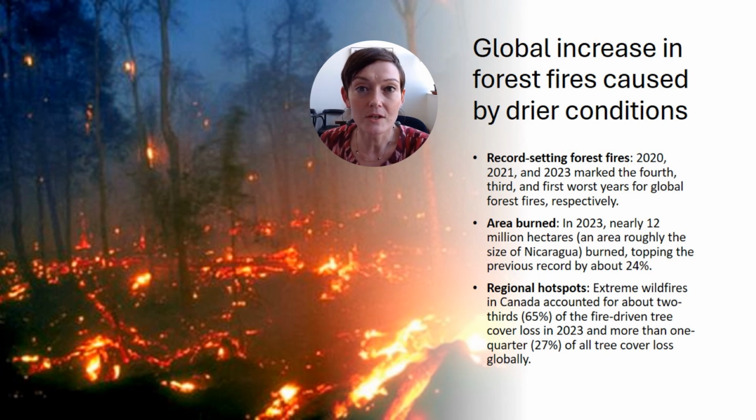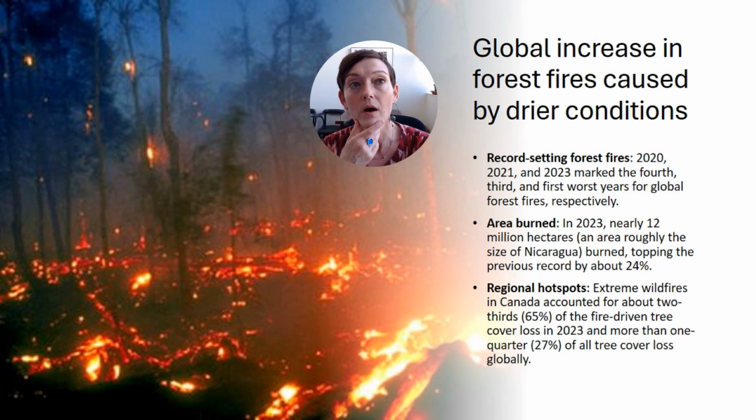So in relationship to drought, of course, not surprisingly, we see a lot of fires that spring up in areas that are devastated by drought, or even not just drought, but decreased rainfall for a long time.